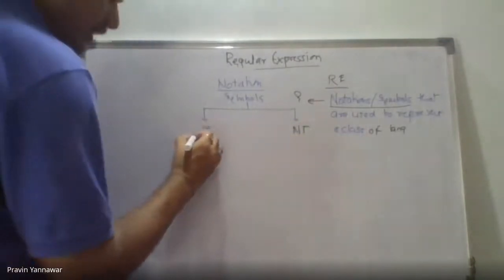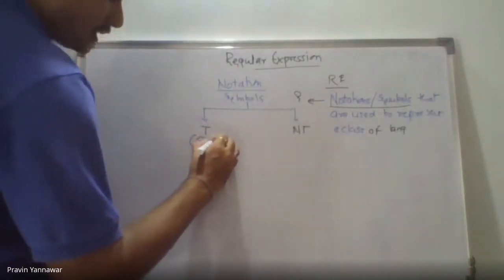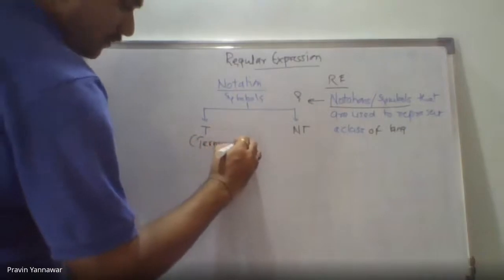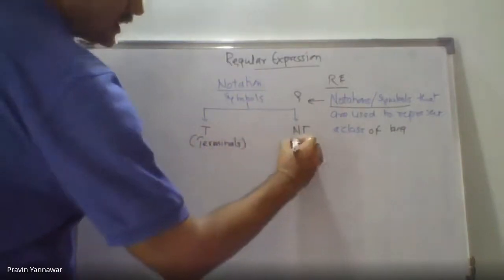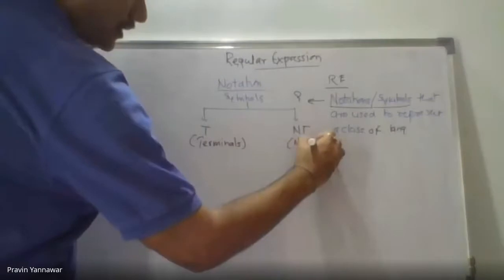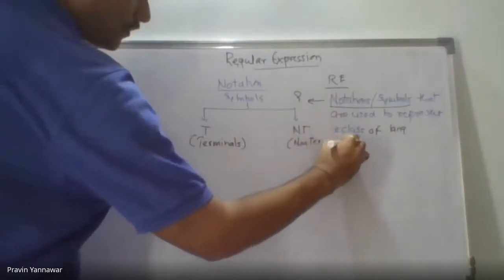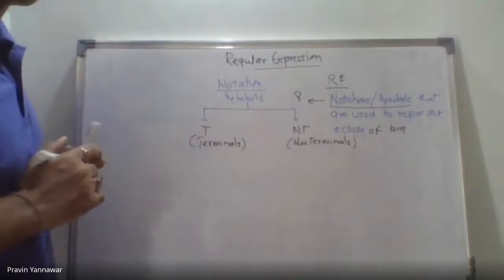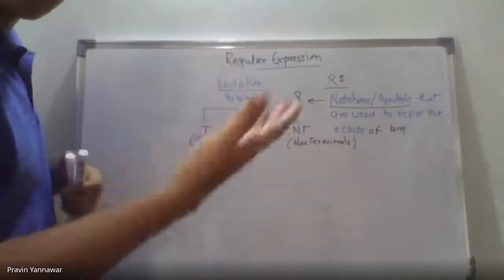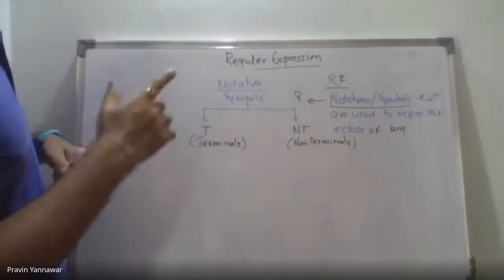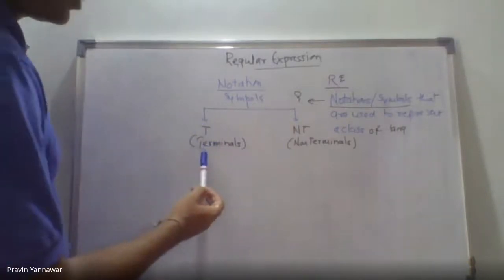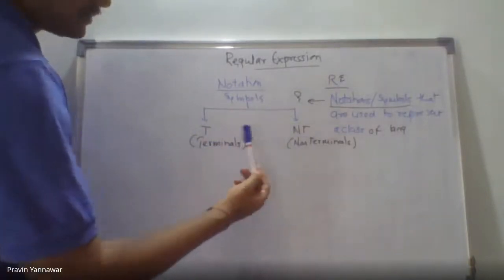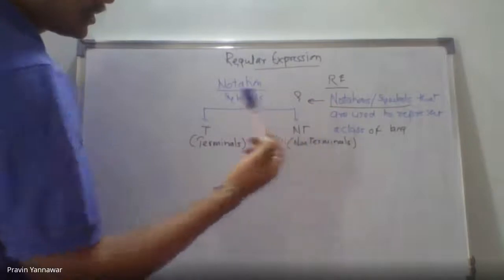T stands for terminals, and NT stands for non-terminals. Please try to understand this, because this concept will be used later when you go for parsing. This is important: there are two types of symbols, terminal symbols and non-terminal symbols.